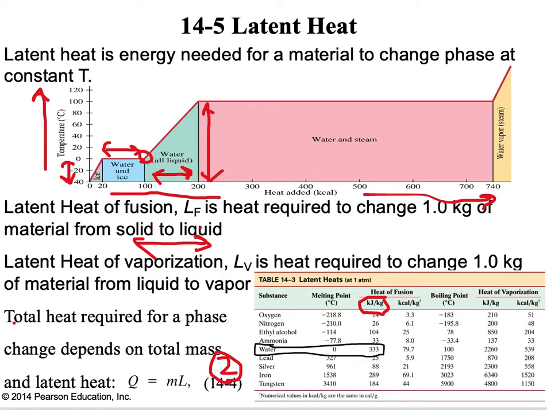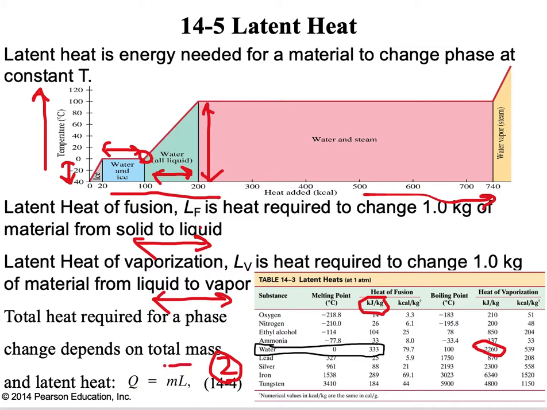If you're going to look for vaporization, where you're going to go from liquid to water vapor, or water vapor to liquid water, then you would look up the heat of vaporization value for latent heat, which is this value right here. The total heat required for a phase change depends on the total mass and the latent heat.